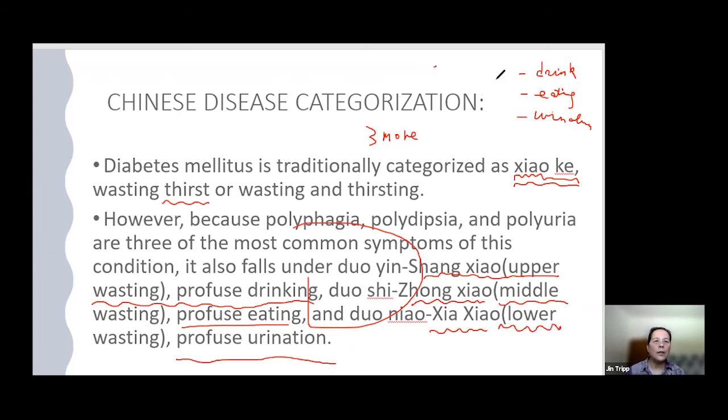So for TCM clinically, pretty commonly we call it 消渴, but we can separate into 上焦, 中焦, 下焦, meaning which symptom is more severe compared with the other 2 symptoms.